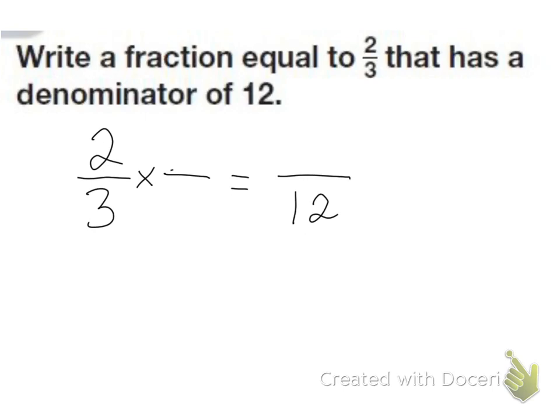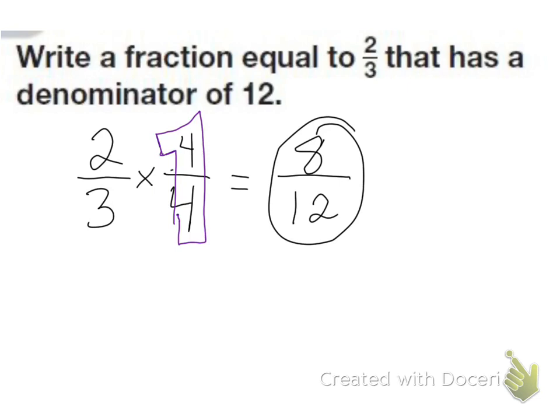So what I do is I think, okay, 3 times what equals 12? Well, 3 times 4 equals 12. And since this fraction has to equal 1, if the denominator is 4, that means the numerator has to be 4. 2 times 4 is 8. So 8/12 is the same as 2/3.